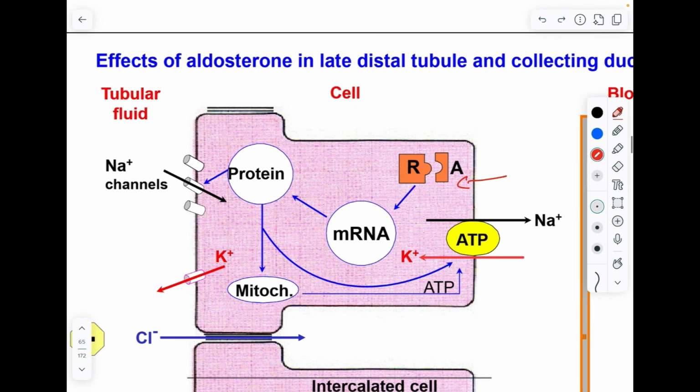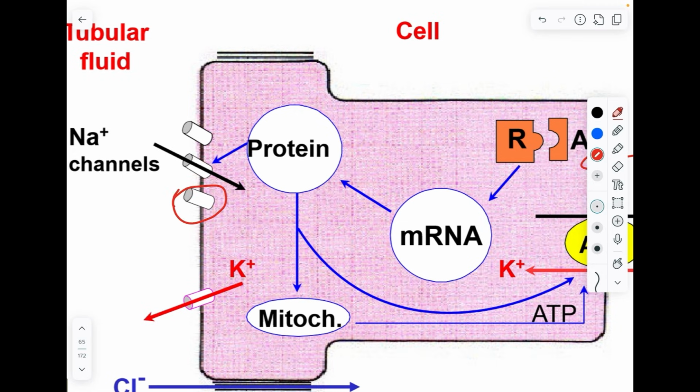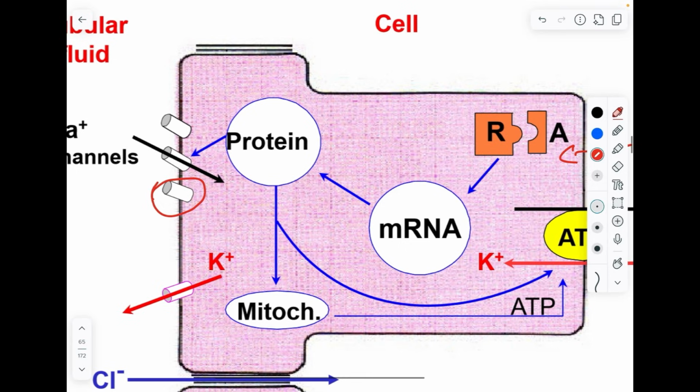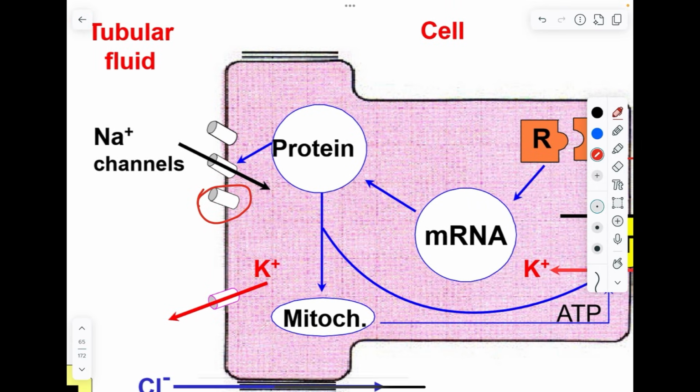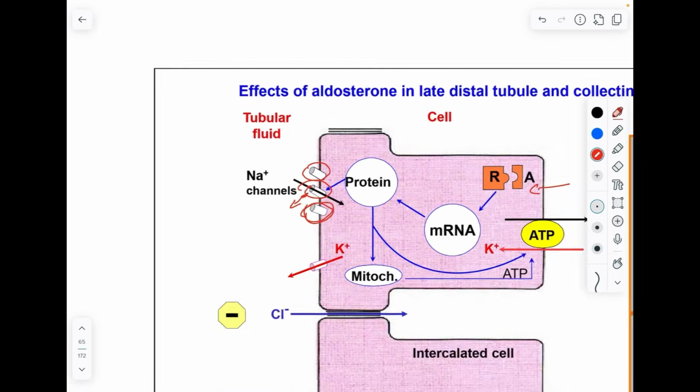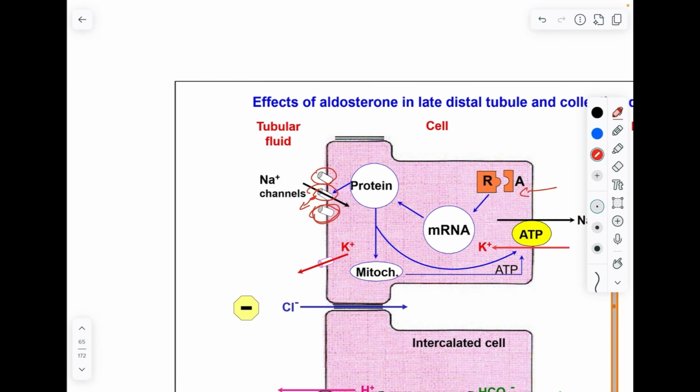First of all, it produces more Na channels to put into the membrane. Second thing is that the existing Na channels, such as this one, let's say this was the original one, and now we have more. But also the existing ones have more permeability, so they also reabsorb sodium more and more.